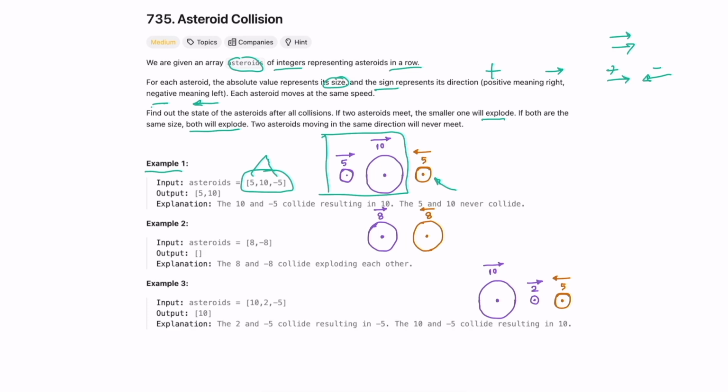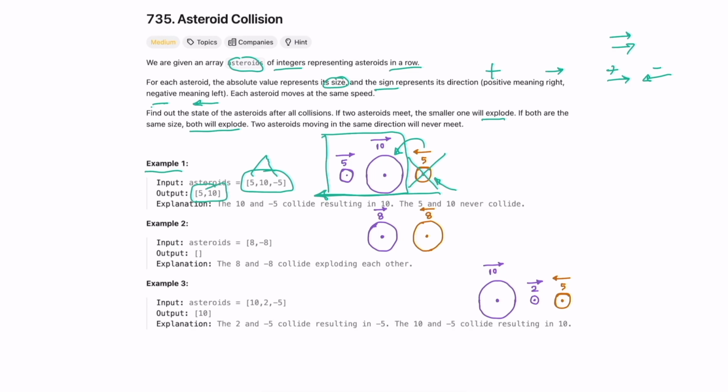It will keep colliding with all the asteroids before it until it comes across an asteroid that's either of the same size or bigger. In this case, the asteroid before it is bigger, so the last asteroid explodes. Only 2 asteroids survive after all the collisions, 5 and 10.